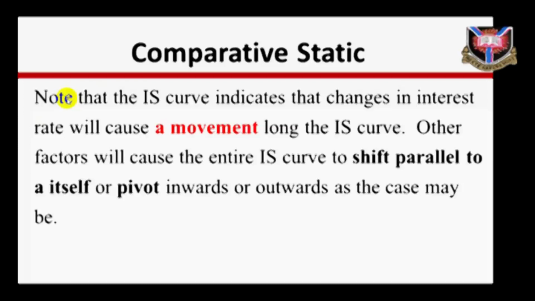Note that H is the marginal propensity to invest, while 1 minus B is the marginal propensity to save. Thus, equation 7.10 replicates equation 7.6, and together with the graphical exposition tells us that IS is negatively sloped.